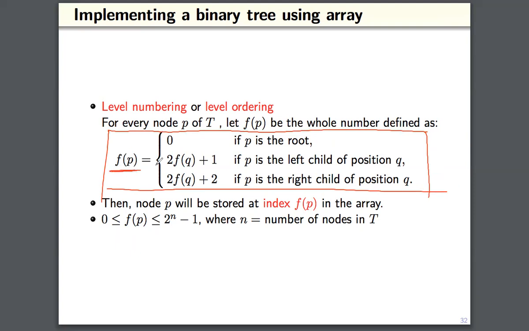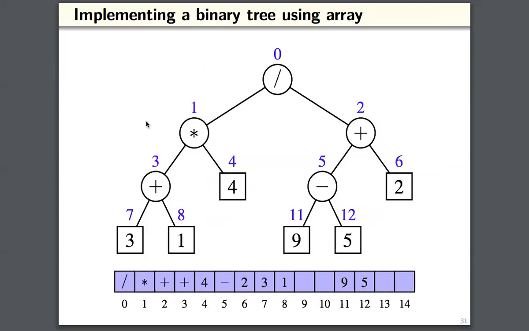Let's look at this. Now, can you tell me what is the relationship of these child nodes, 9 and 5, with respect to the parent?